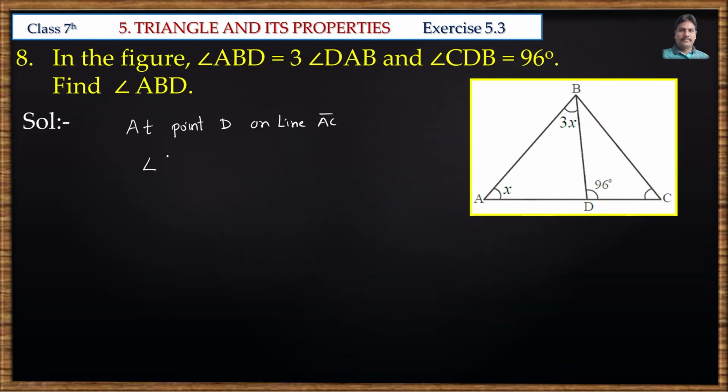Angle ADB plus angle BDC is equal to 180 degrees because they are adjacent angles on a straight line.